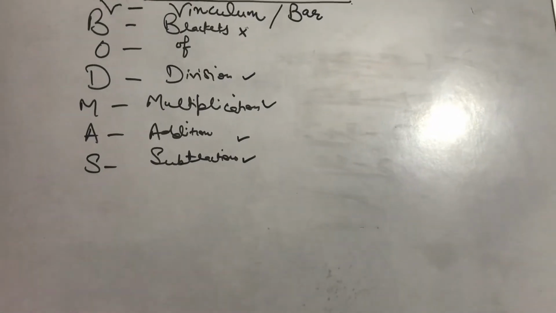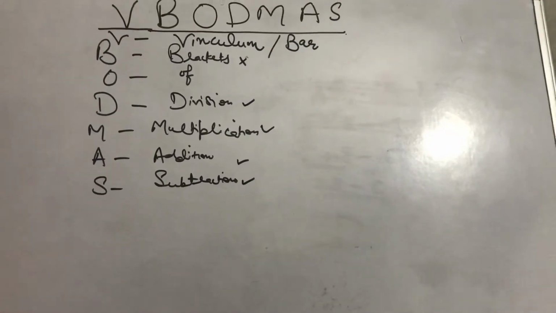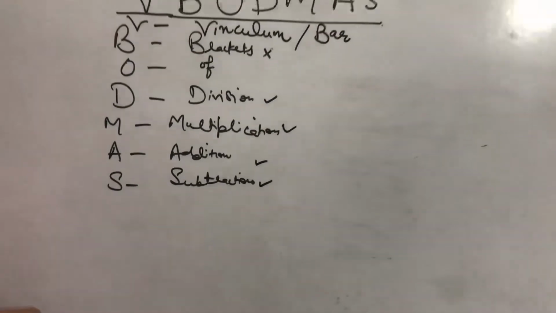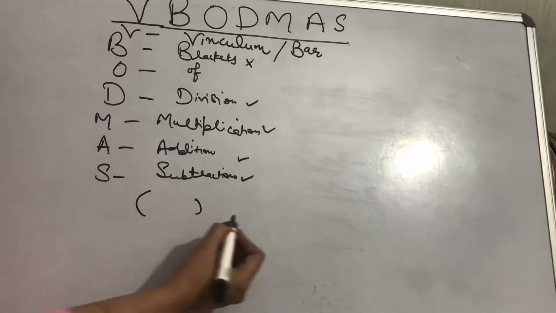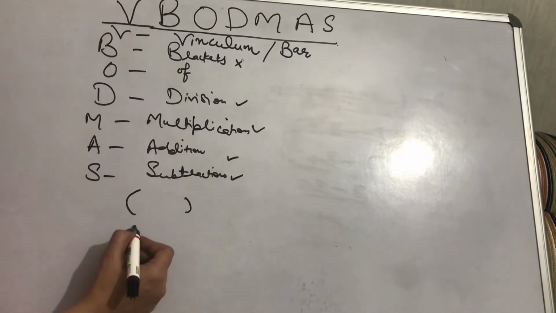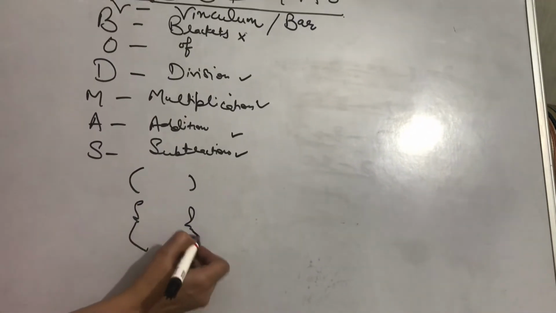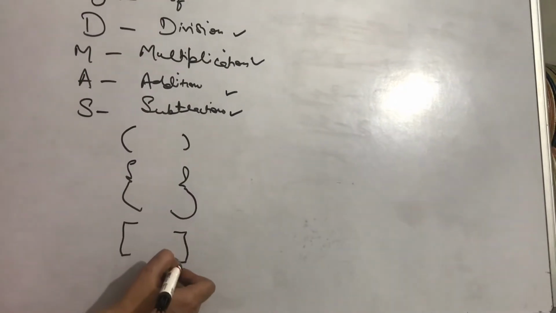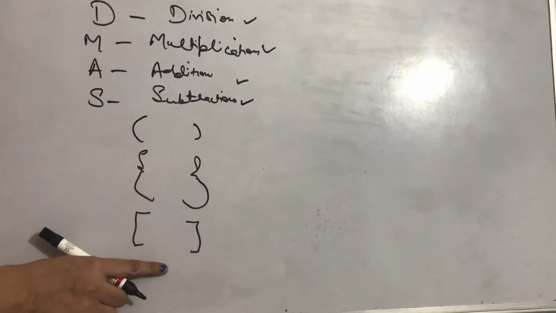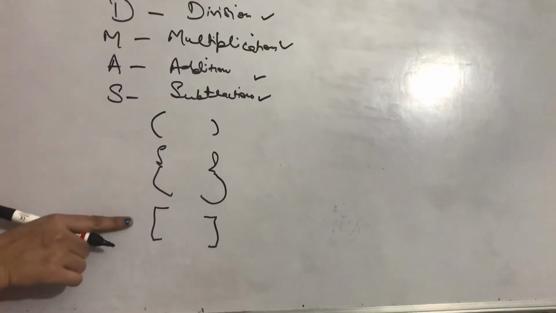There are three types of brackets. First, there are round brackets. Then these are curly brackets. Then these are square brackets. We have to follow these rules.